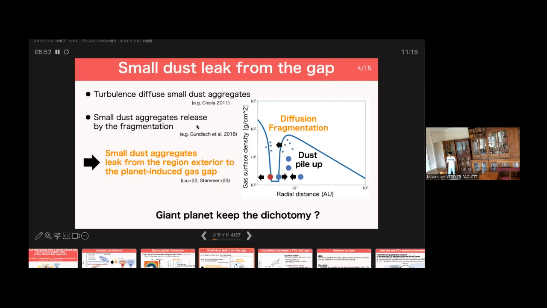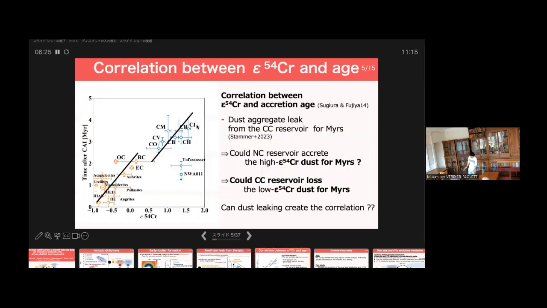This leads to contamination of CC-like dust particles into the NC dust reservoir. So the question is whether Jupiter can actually keep the isotopic dichotomy, or whether this leak does not keep the distinct dust reservoirs. But this leak may be good for explaining the isotopic dichotomy.